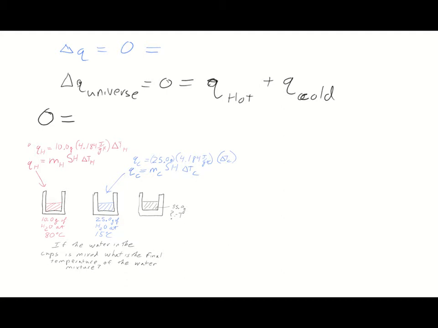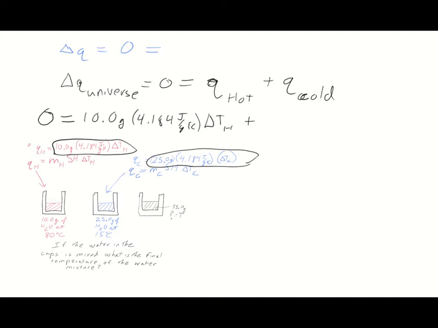That means, by substitution, that 10 grams of water times 4.184 joules per gram per Kelvin times the change in temperature of hot water, plus the heat flow of my cold water, is going to be equal to 0, where my heat flow of cold water is 25 grams times 4.184 joules per gram Kelvin times my change in temperature.